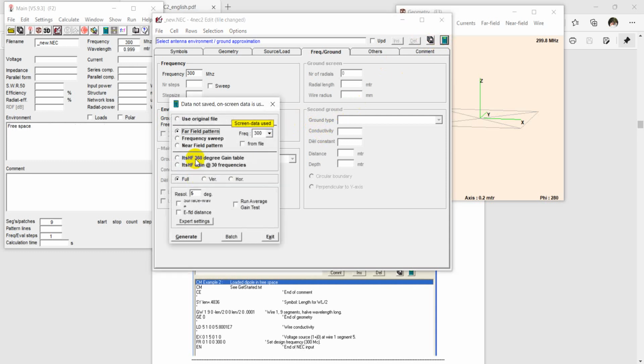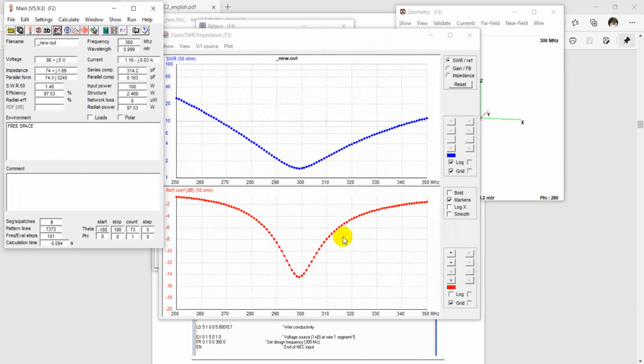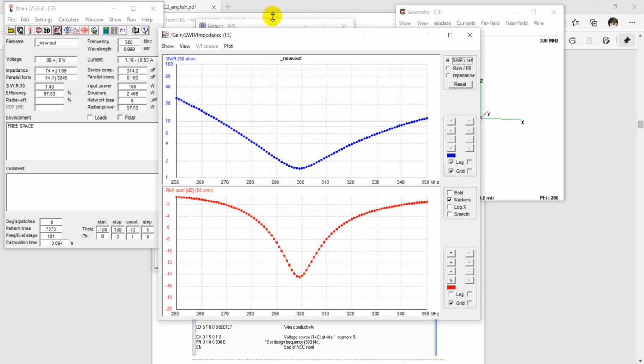Now what happened in the frequency sweep when I tried to design this parameter? Let's check it again. This is okay, and the radiation pattern is totally a circle. You can see the 300 MHz frequency with the rectangular combination, and the reflection coefficient is 1.48132 and minus 14.2545.